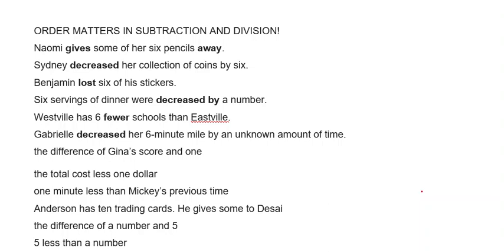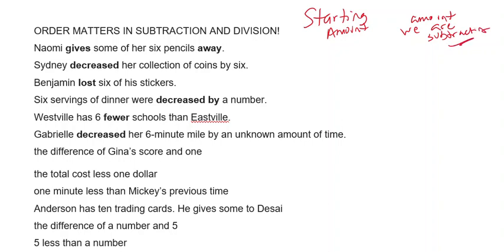So we know that we're starting with some amount. We have some starting amount, and then we have the amount we are subtracting. And it's important that you identify which is which so that you know which order you write it in.